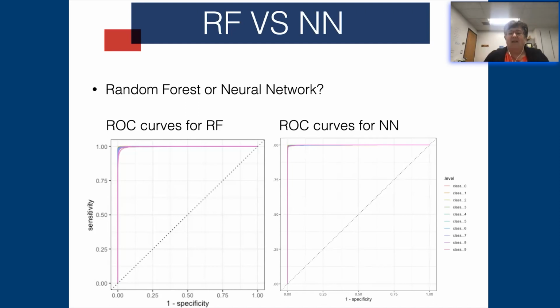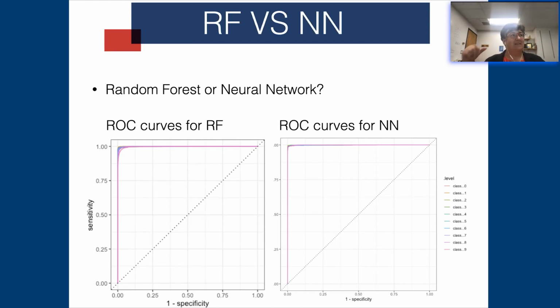Okay, and here are receiver operator characteristic curves. On the left, ROCs for the random forest. So there's 10 lines, one for each of the digits, 0 to 9. And you can see that the random forest model is really good.